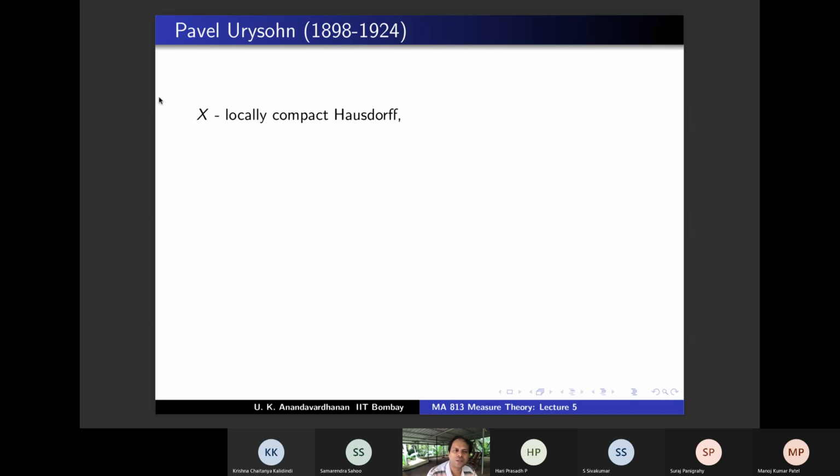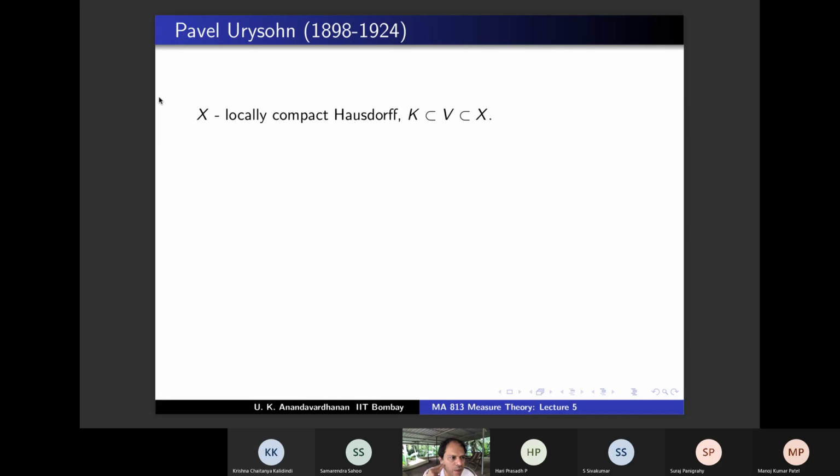very useful result. So the formulation as in Rudin is, you have a locally compact Hausdorff space, and you have K contained in V contained in X. So what is K? K is compact and V is open. And already with K compact contained in V open, we already have a result. Can you state that result?